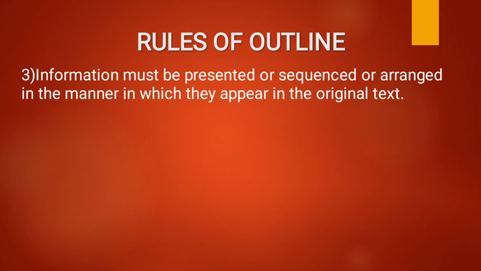If the passage first talks about the introduction or the overview or the statistics or the history of teenage pregnancy, your outline has to start with that. From there, if the passage talks about causes of teenage pregnancy, your outline from there has to talk about the causes of teenage pregnancy.